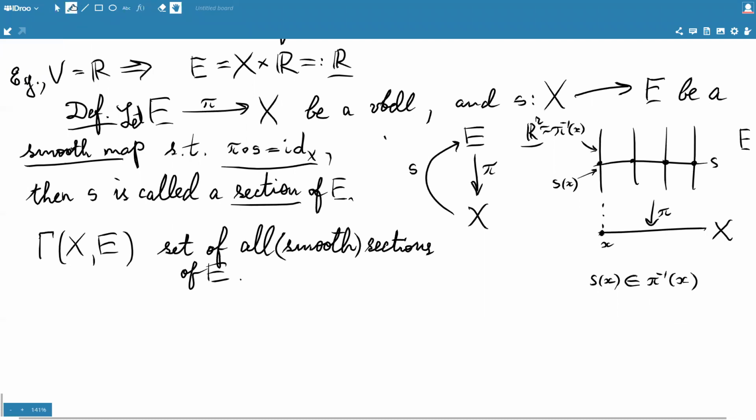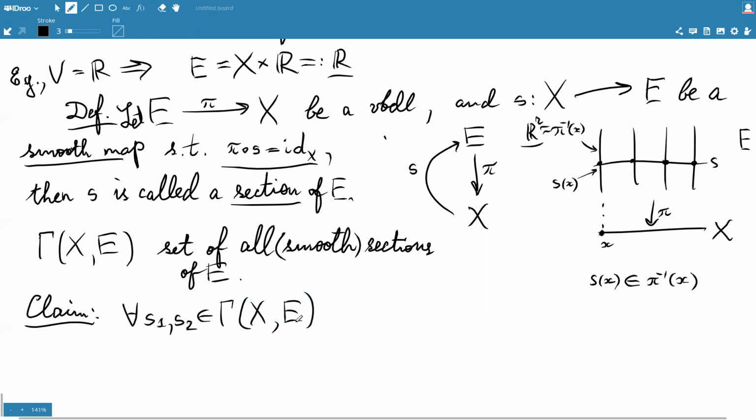So the first claim is that if we take any two sections, and any real number, then we may define a new map.